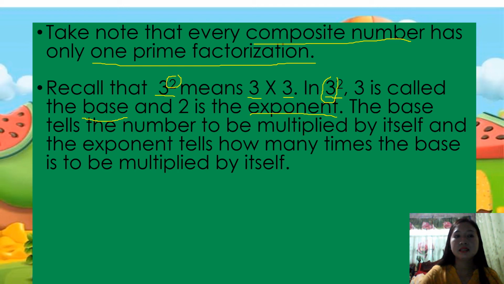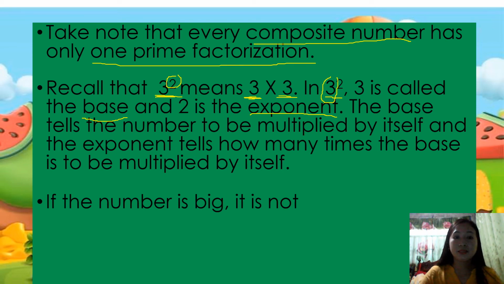The base tells the number to be multiplied by itself, and the exponent tells how many times the base is to be multiplied by itself. For example, 3 to the second power means we multiply the base 3 two times: 3 times 3.